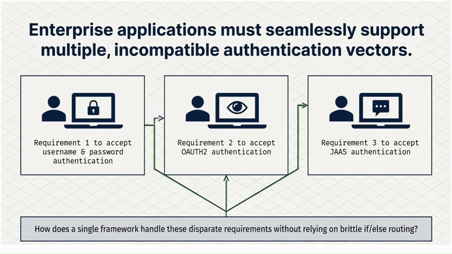Then we have requirement 3, which is JAAS. This is a legacy application supported service. Similarly, the organization also has a requirement for certain applications or certain users to authenticate using JAAS. JAAS means the Java Authentication and Authorization Service.